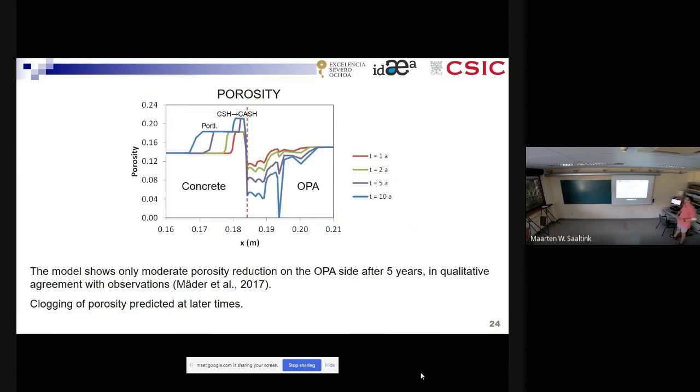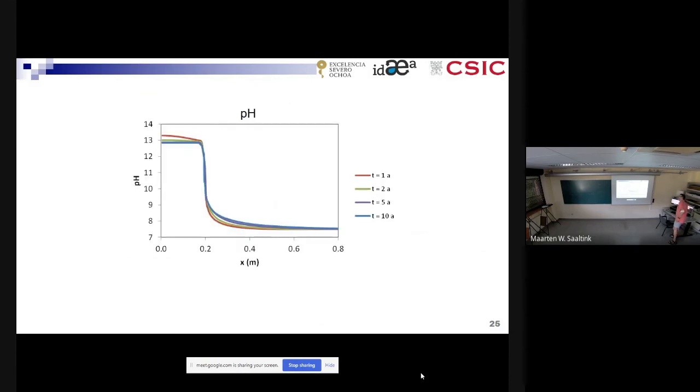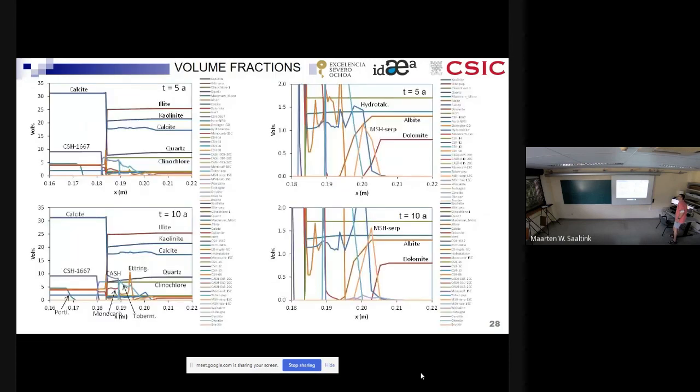When we see the solution front of Portlandite and CSH, it has an intuitive shape. And then when we go to the reduction of porosity, basically in the clay, why do we have this oscillation? Because there are many more phases. That minimum, I don't think is real, but the model predicts that.